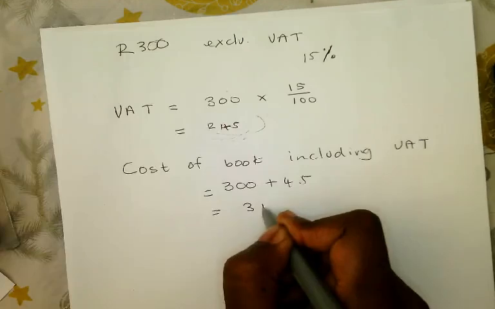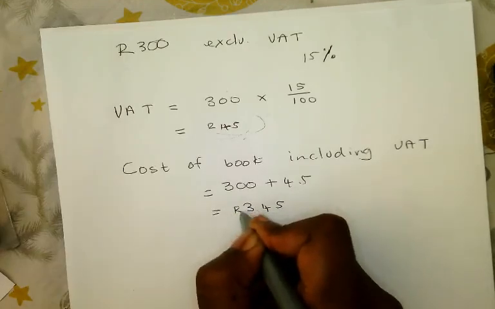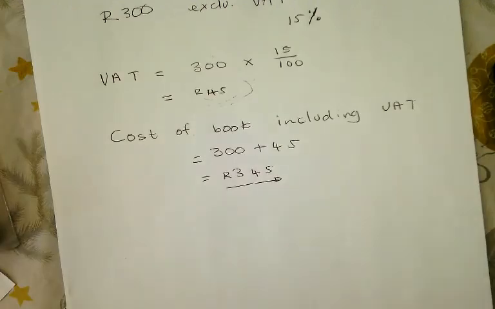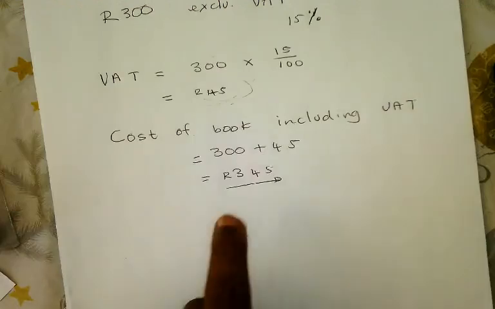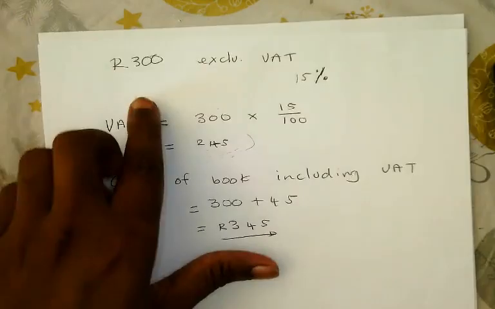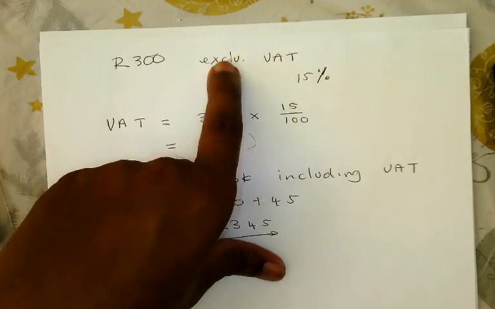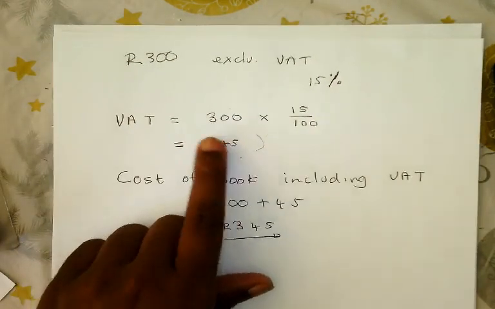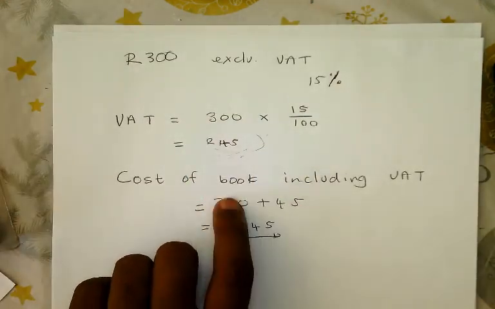So this will be the price of the book at the shop, because it has to include the VAT. So this was VAT excluded. To include the VAT, you need to calculate the VAT, and then after calculating the VAT, add it to get the total cost of the book.